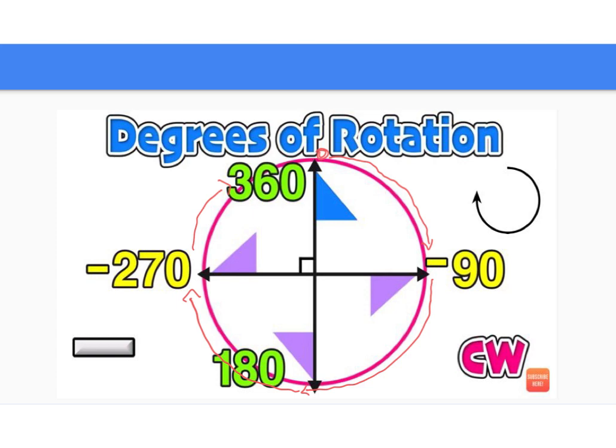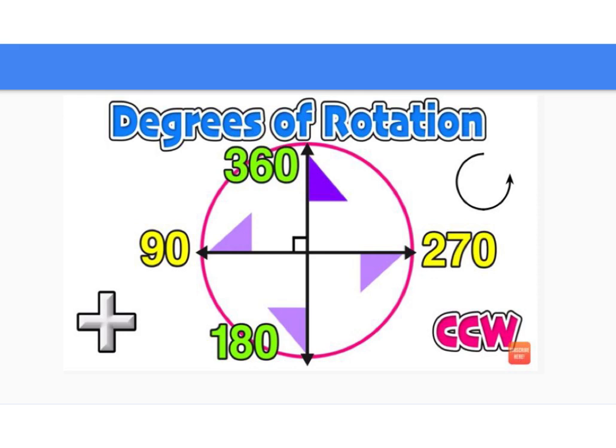Now, if we go in the opposite direction, then we are still taking into account the same measurements, 90, 180, and 270. However, now the counterclockwise rotation would be positive. So positive 90 degree rotation means counterclockwise.